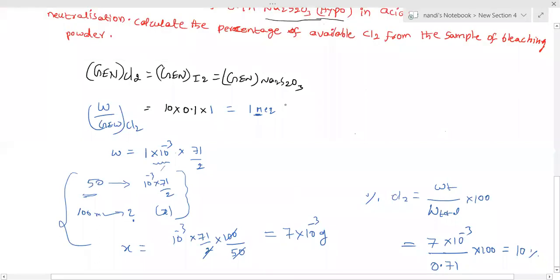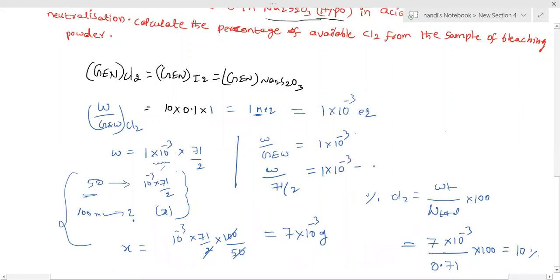Now we can see, I'm getting here 1 milli equivalent, nothing but 1 into 10 power minus 3 equivalents. This is equal to the weight divided by the gram equivalent weight of Cl2. So W by 71 by 2 equals 1 into 10 power minus 3.